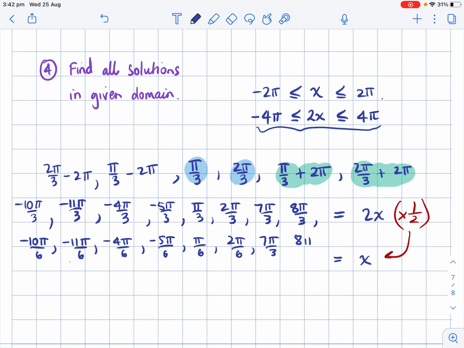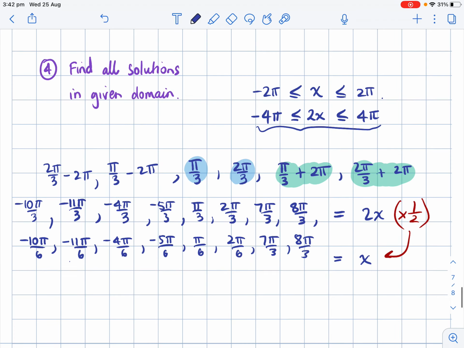And you can write it all out in one step and then simplify your fractions, or you can simplify as you go along. That'll be negative 5 pi on 3. Negative 11 pi on 6 can't be simplified. Negative 2 pi on 3. Negative 5 pi on 6 can't be simplified.